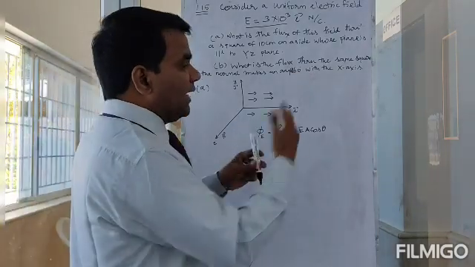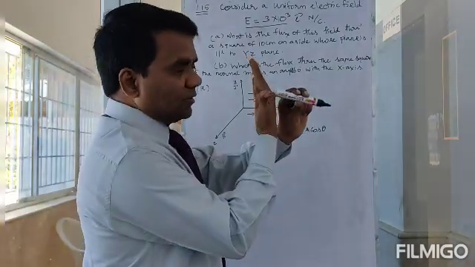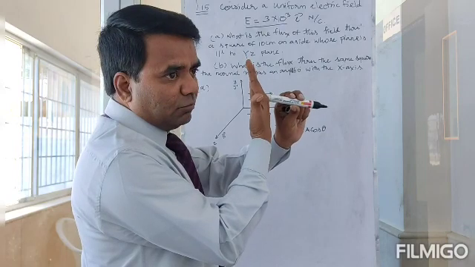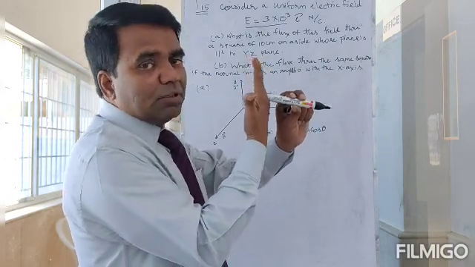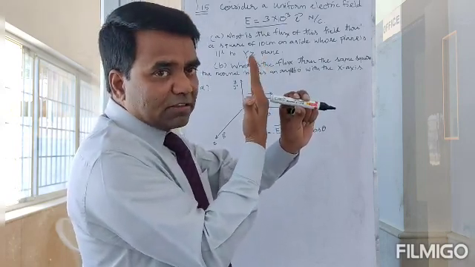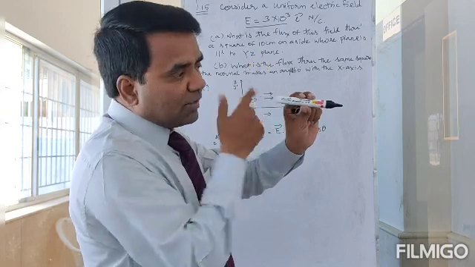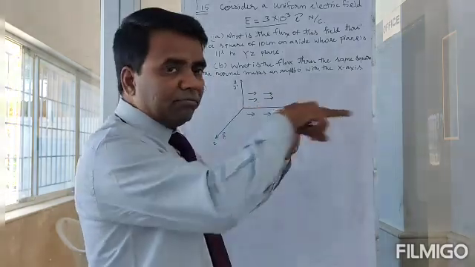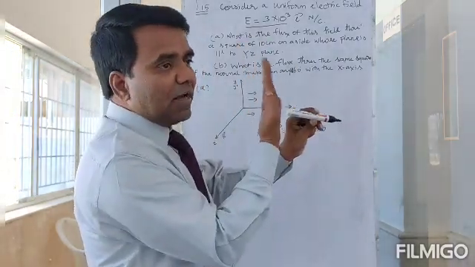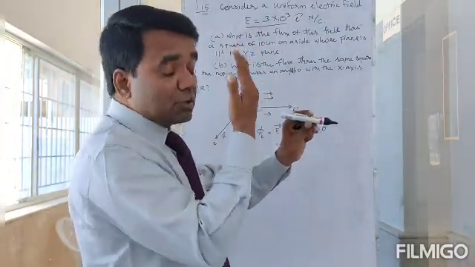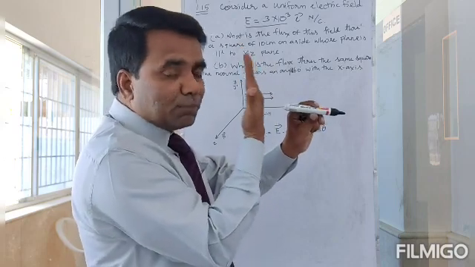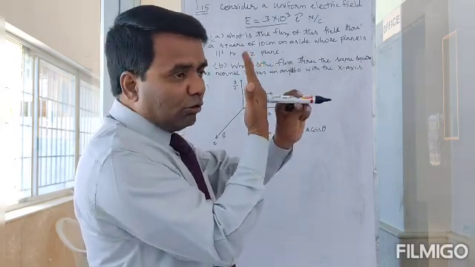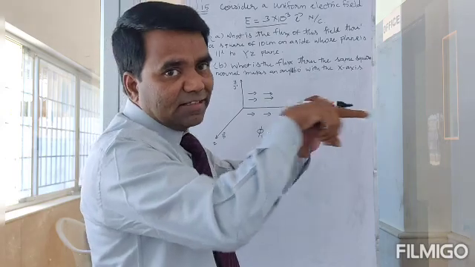So if I take a plane like this, then the normal to the plane is treated as the vector of that square, and that is also in the same direction as E, because the square is parallel to the YZ plane. So the normal that you draw would be along the x-axis.